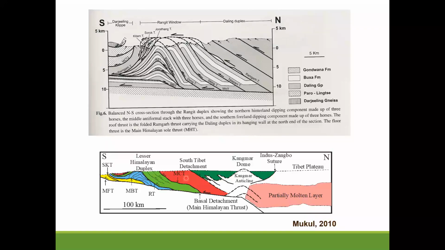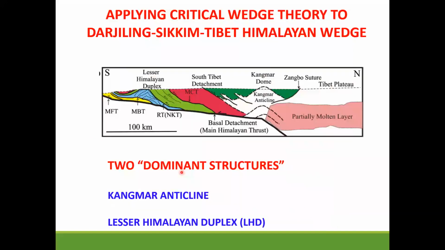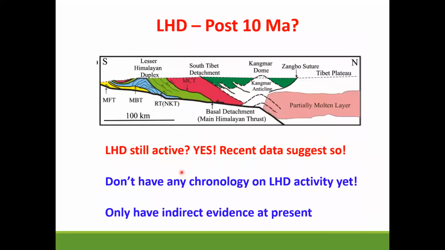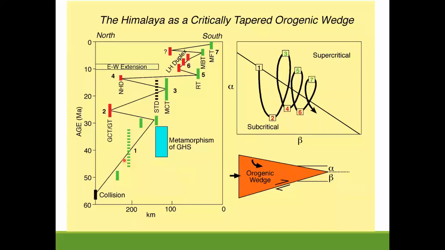One of the things that people have actually worried about is whether the critical wedge theory works or whether the channel flow works. If you read Pete's paper, critical wedge theory drives this. If there is channel flow, it would be between this and this.